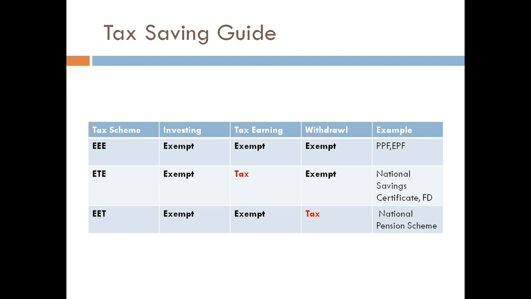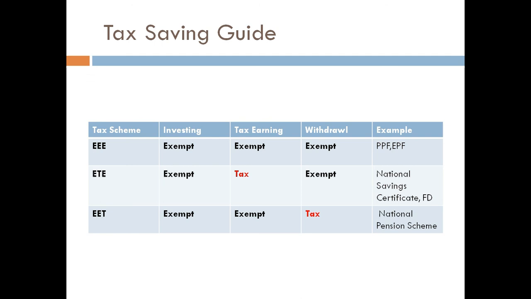So there are two sections under which you can get a tax benefit while investing, and when you are earning on this scheme, the earnings are also exempted. But when you are trying to withdraw at the end of maturity, for example NPS has a maturity at 60 years, at that time 60% of the amount you can withdraw, and 40% you can put into the annuity, but some of the amount is taxable while withdrawing it. So that's why it is called the EET scheme.